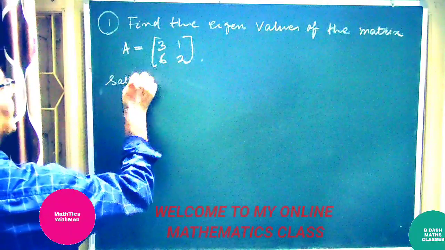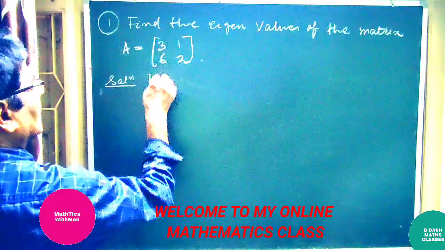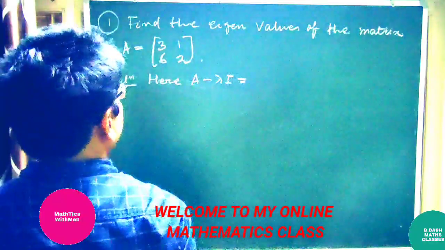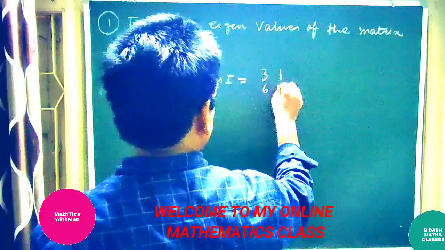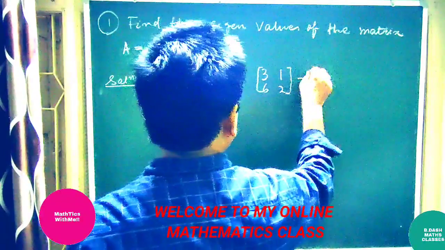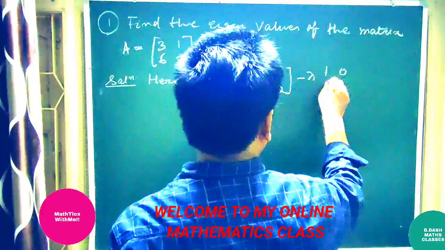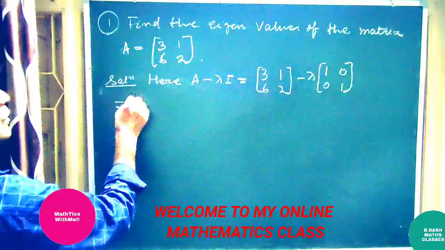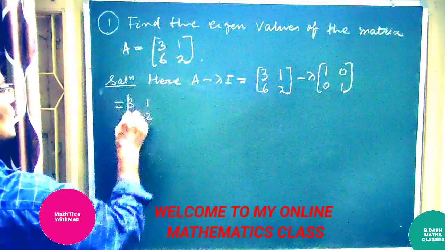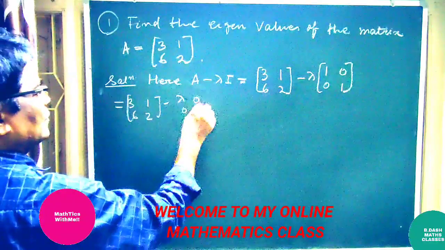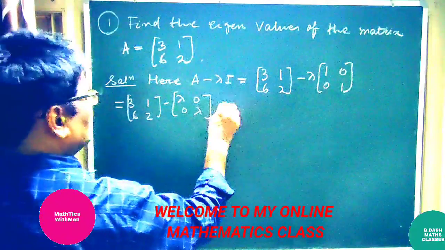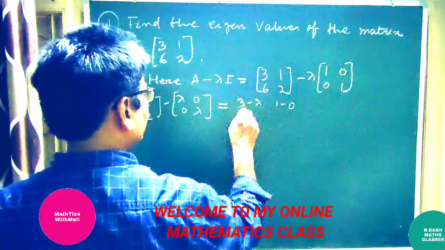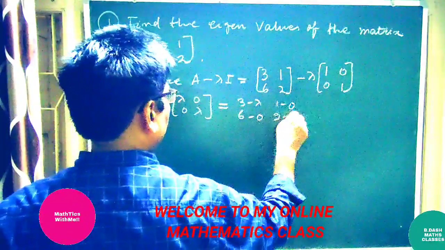Now, solution. Here A minus lambda I equals [3, 1; 6, 2] minus lambda times the corresponding unit matrix, which equals [3, 1; 6, 2] minus [lambda, 0; 0, lambda], which equals [3 minus lambda, 1 minus 0; 6 minus 0, 2 minus lambda].